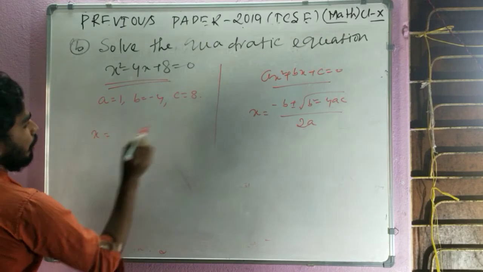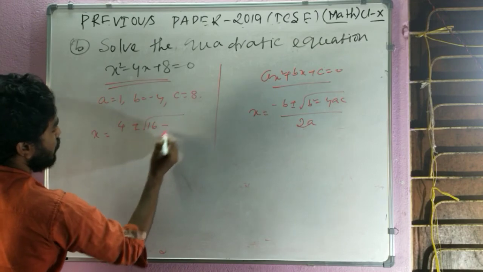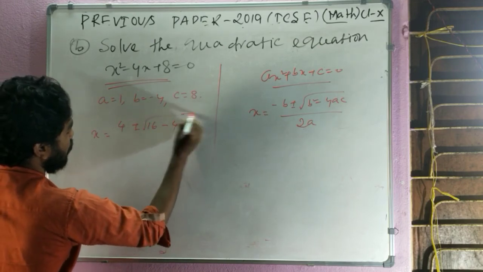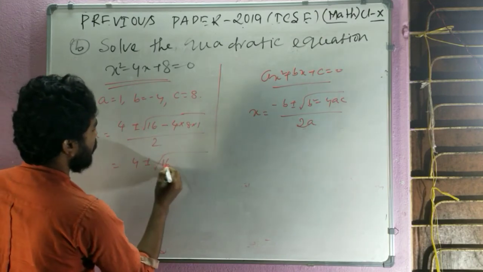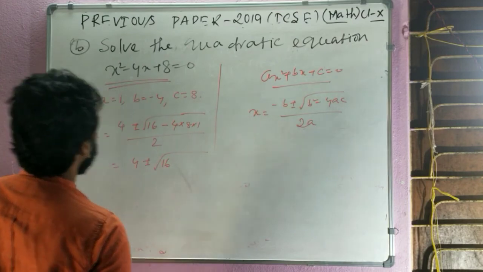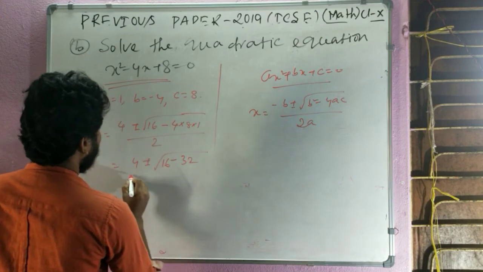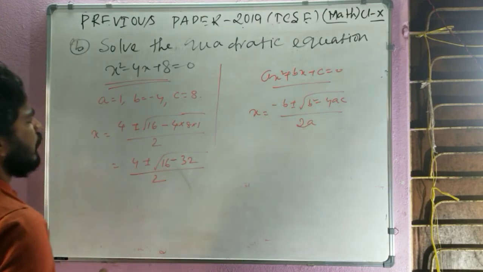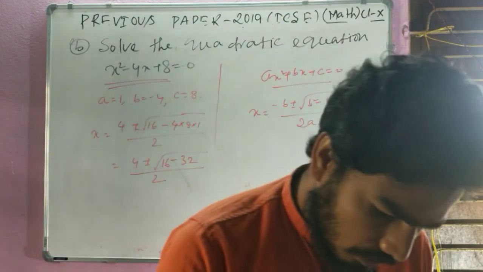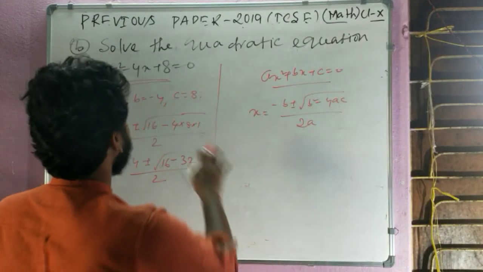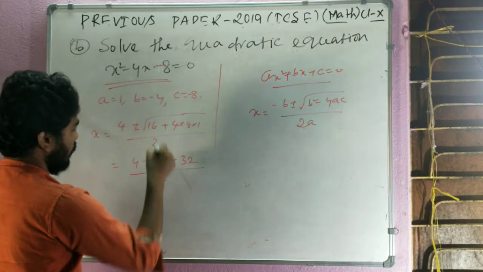So x equals minus b, that is 4, plus minus root over 16 minus 4ac, minus 32, divided by 2.